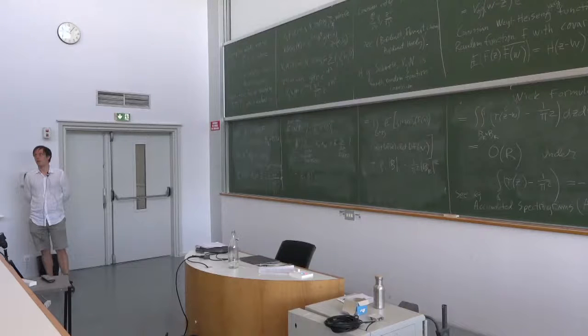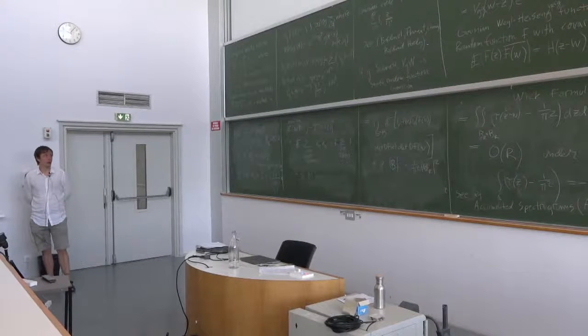Your windows here have to be smooth, right? They have to be Schwartz or...? I didn't pursue the thinking of what is the absolute minimum you need. I'm not sure how far you can push this.